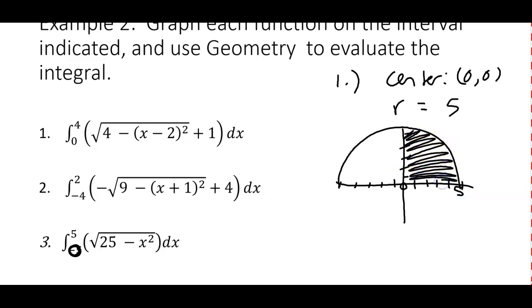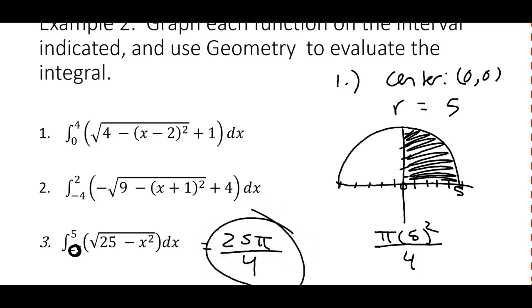So I'm not going to do a semicircle. What am I going to do? A quarter circle. Okay? So that would be pi r squared over 4, which is 25 pi over 4. Okay? And that's where we'll stop for the day.